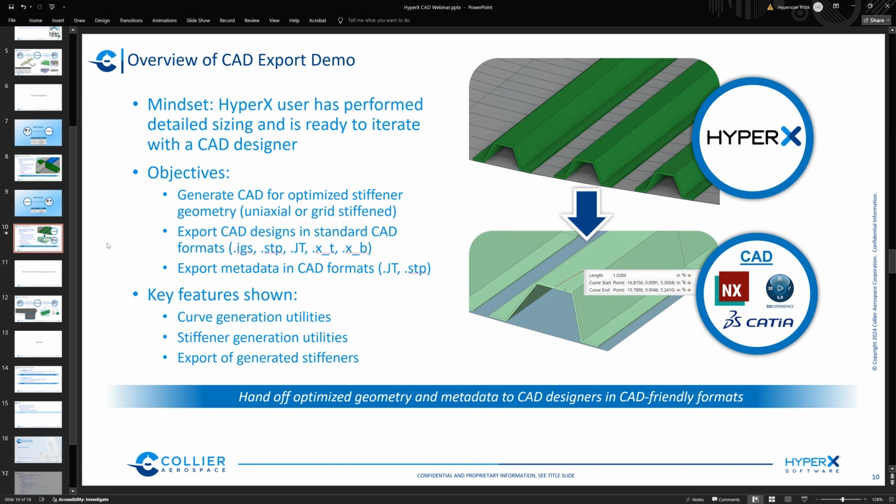We'll export the CAD designs in standard CAD formats, while I'll be showing the JT format in particular. And we'll also include some metadata in that CAD format. And the objective here is to be able to hand off optimized geometry and metadata to CAD designers in CAD-friendly formats.